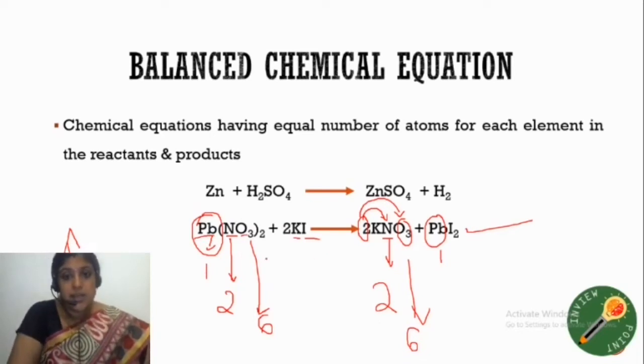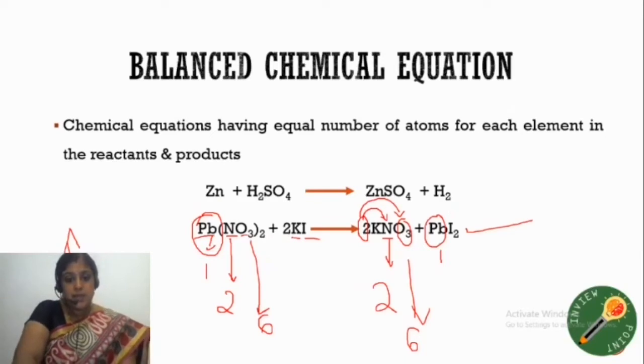Similarly, find the number of atoms of potassium and iodine in the reactant and product side. See here it is 2KI, right? So the number of potassium atoms is how much? 2 in the reactant side. And in the product side also it is 2 times KNO3, so 2K.